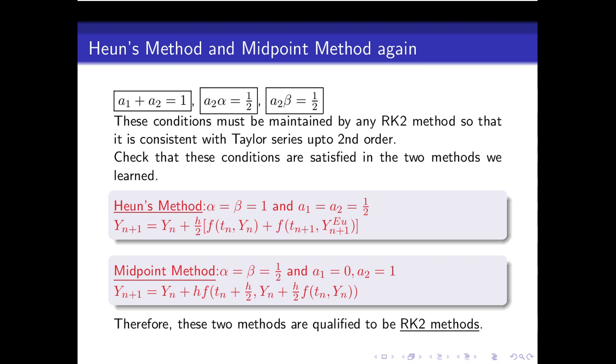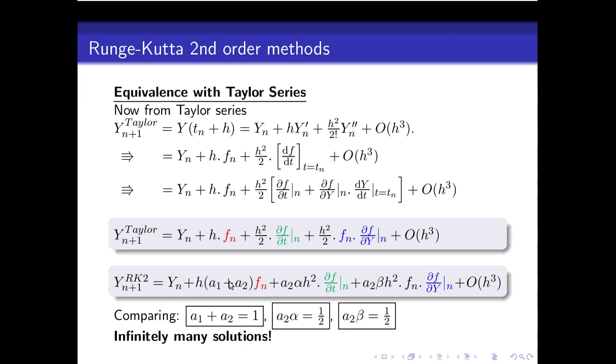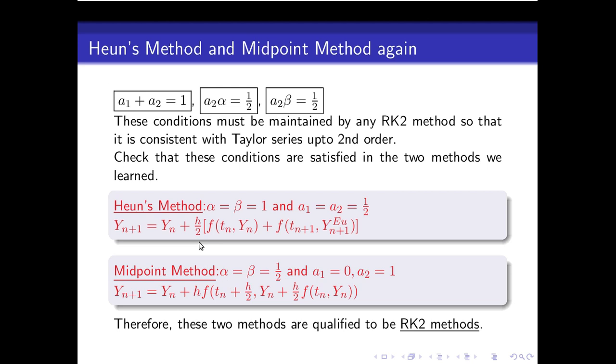So let us revisit Heun's method and midpoint method. If we replace alpha equal to beta equal to 1 and a1 equal to a2 equal to half, the RK2 formula becomes Heun's formula. And you can check that this parameter setup is consistent with these conditions.